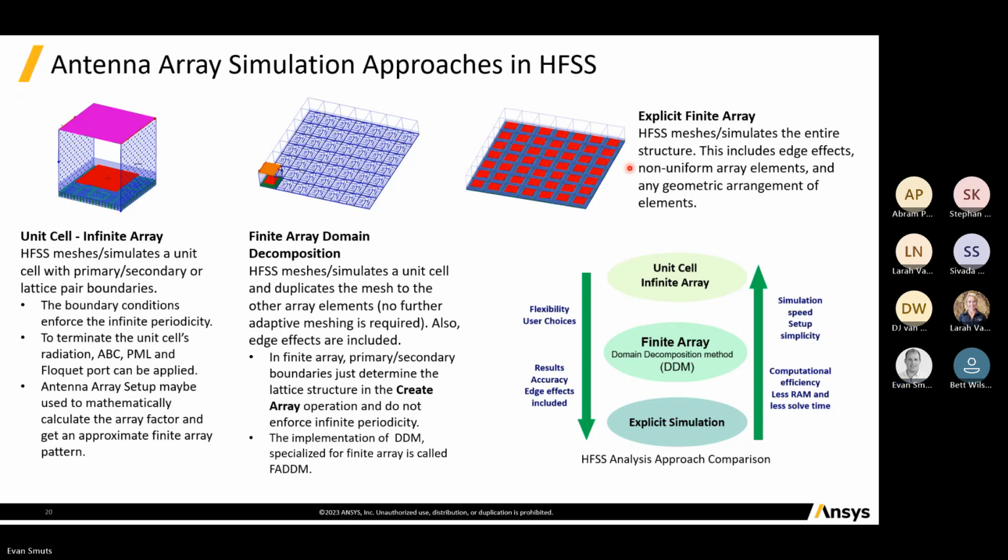With these methods in mind, we always need to decide what our goal is and what hardware resources we have available, and that might govern whether we go for the very simple unit cell, which is very fast and cheap, or whether we need to go to a more rigorous type of model. Okay.